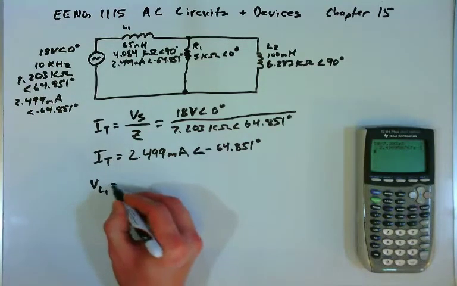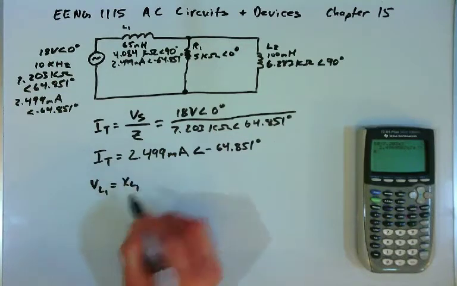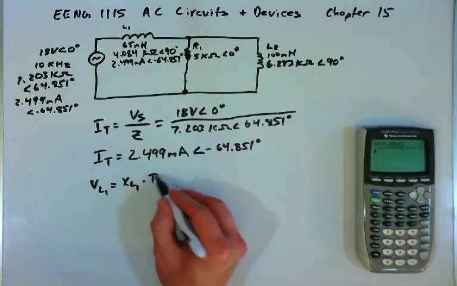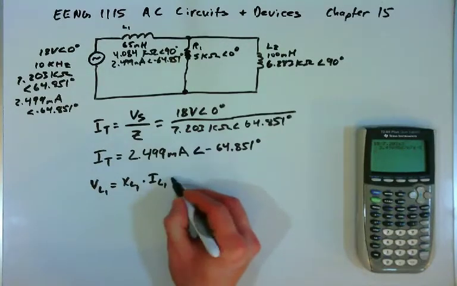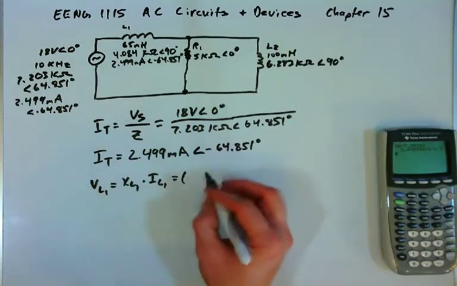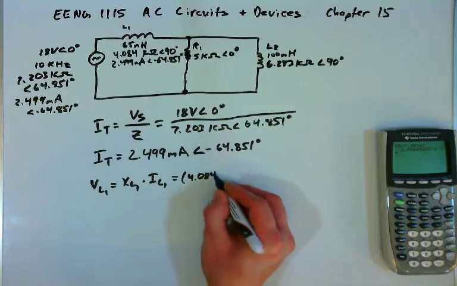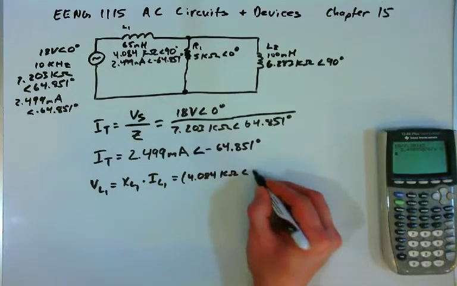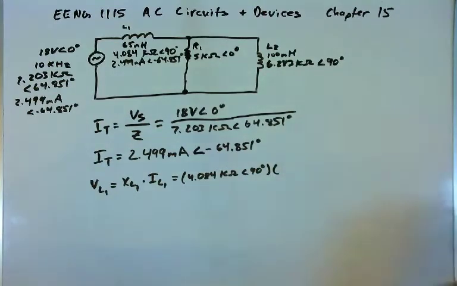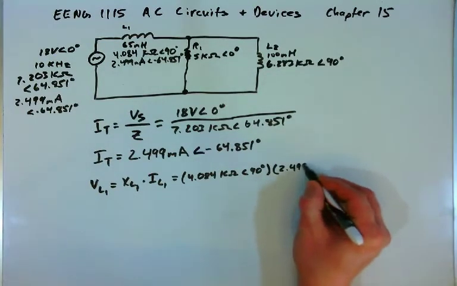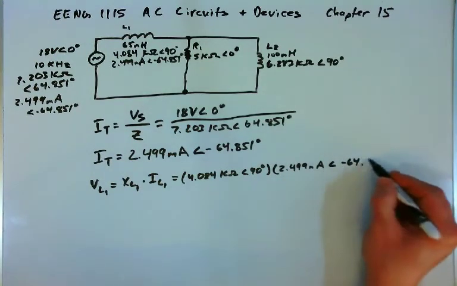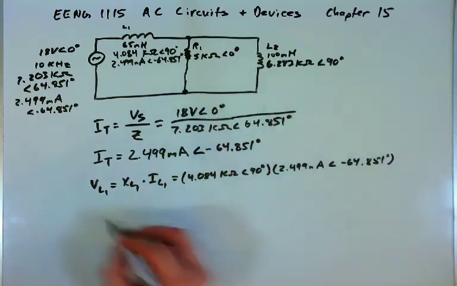Now that we know the current in L1, we can find the voltage drop there. The voltage drop on L1 will be equal to X sub L sub 1, the inductive reactance of that inductor, times the current flowing through the inductor. And so we will have the reactance of 4.084 kilo ohms at 90 degrees, times the current in the inductor, 2.499 milliamps at an angle of negative 64.851 degrees.